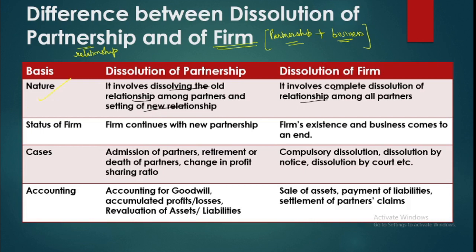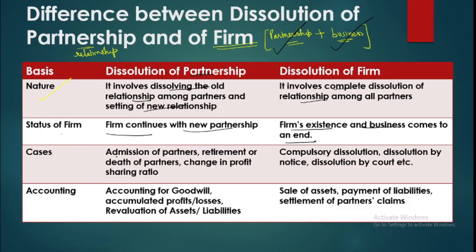So there is no more change in your functioning or in your relationship. It completely ends here. So what will be the status of the firm? Because herein it is just the partnership which is dissolving, your firm will continue with the new relationship, new partnership. Whereas in case of dissolution of firm, because firm includes dissolving partnership as well as business, herein the firm's existence and the business come to an end.